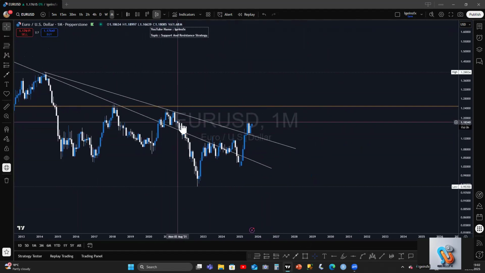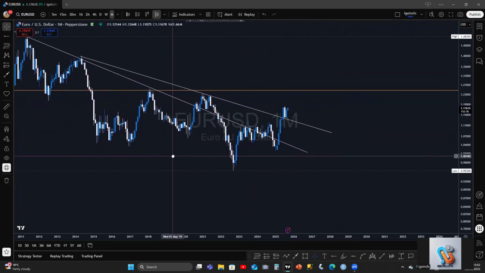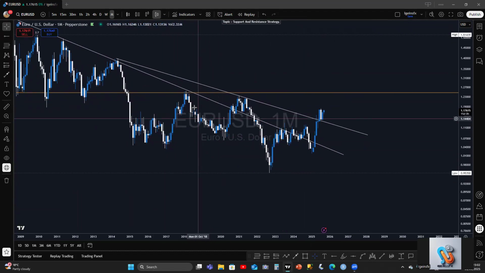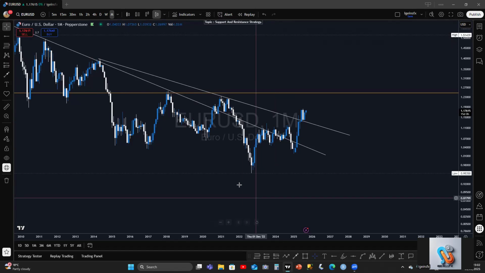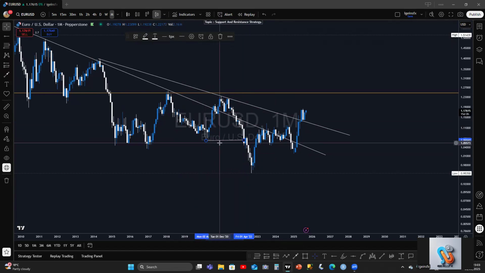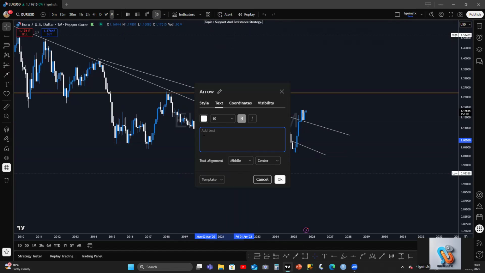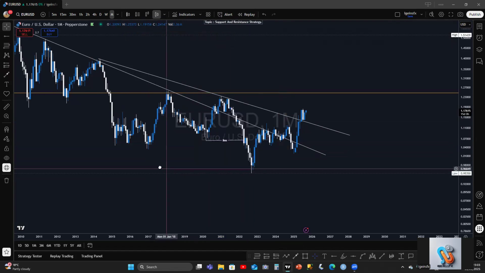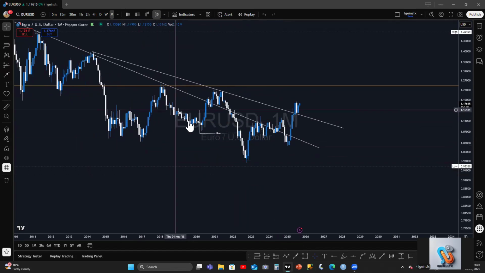This was the last break of structure to the downside. I'm teaching you how you analyze it before you start marking your support and resistance, because you must know where the trend is headed. That is very, very key and important.